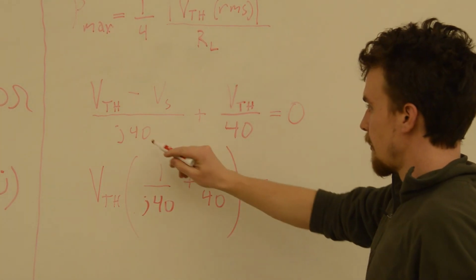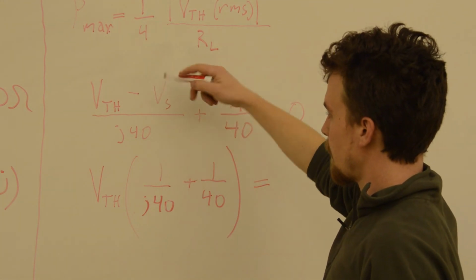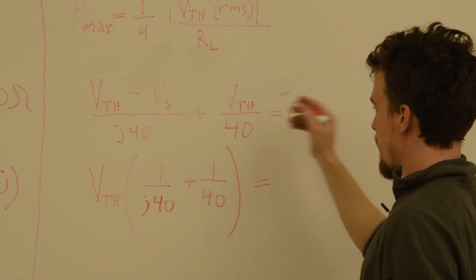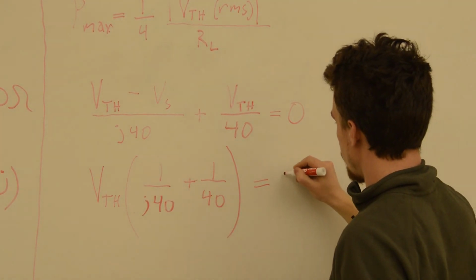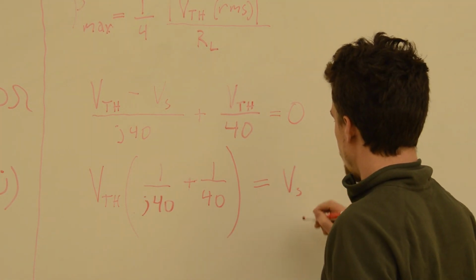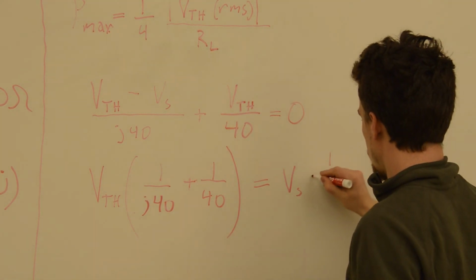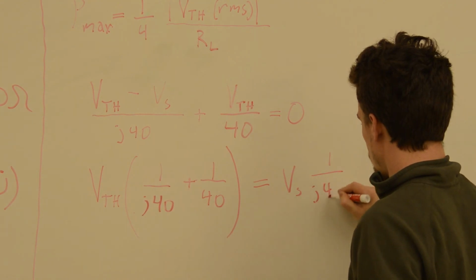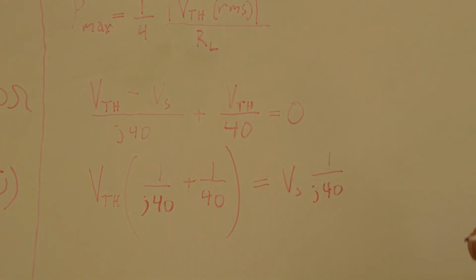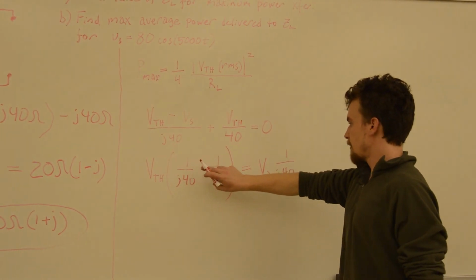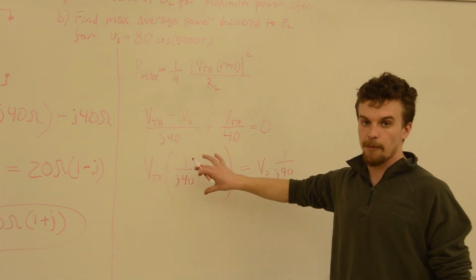We can see that this is negative Vs over J40, so we'll add that to both sides and we'll get this is equal to Vs times 1 over J40. So now we will just divide both sides by this number, whatever it is.